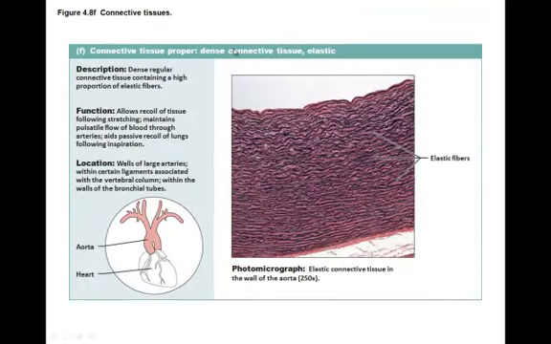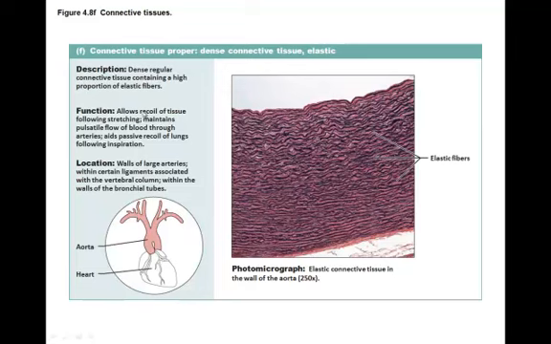All right, our last connective tissue is going to be dense elastic connective tissue. Look at all the elastic fibers in elastic connective tissue. When the blood is pumped out of the heart, this aorta is going to really stretch outward, and we want it, when it stretches outward, to recoil back to propel the blood on through the body.